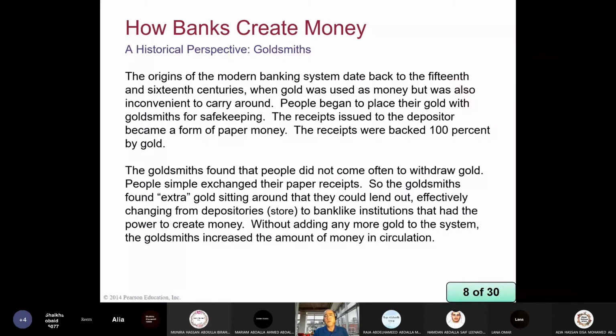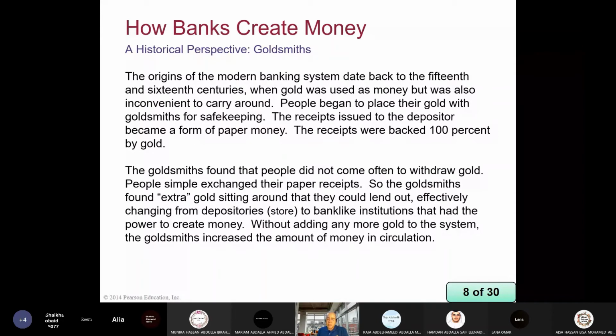They are satisfied with the receipts. So now he started to lend money at an interest rate, definitely, by issuing new receipts without real gold.